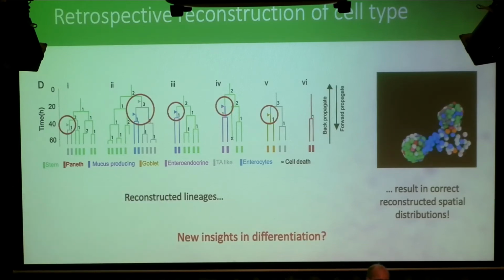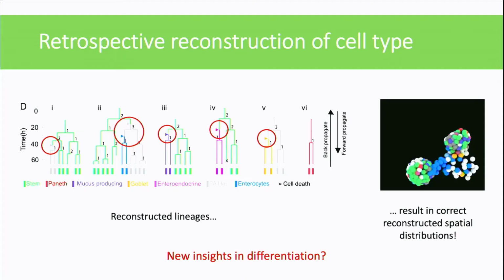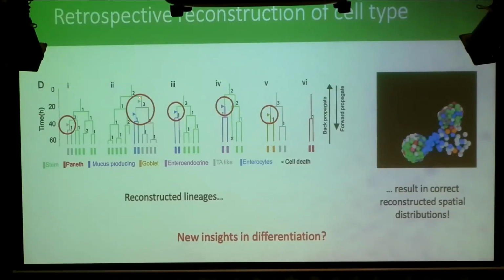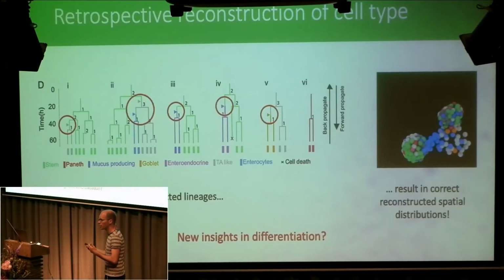Something that is really nice about this method is that it also tells us where changes in cell state, in cell type, are. So there are cases where the mother had one cell type and the daughters have different cell types, and so something changed there in these cells. And so it tells us where differentiation is happening.